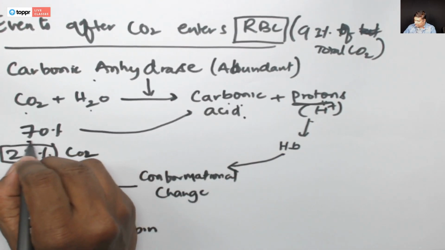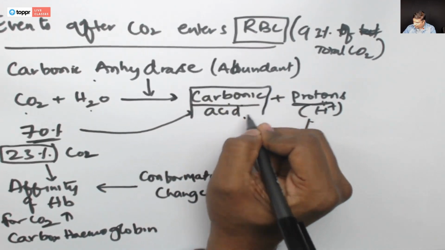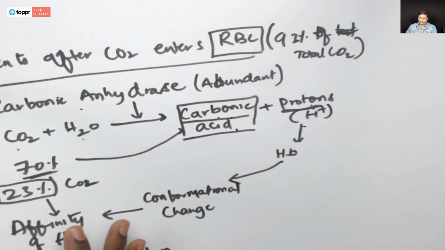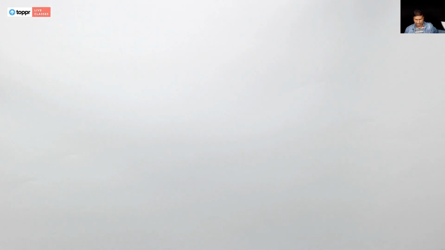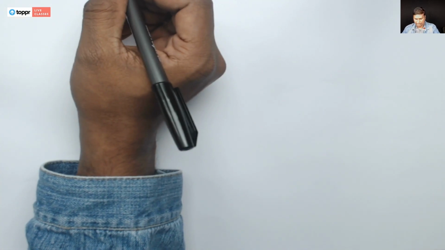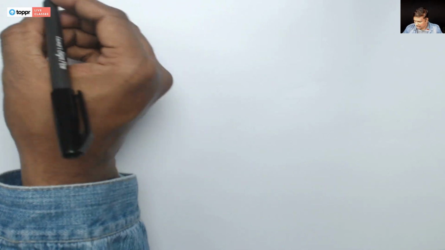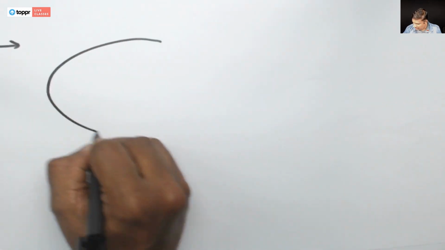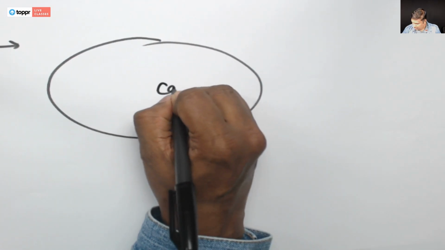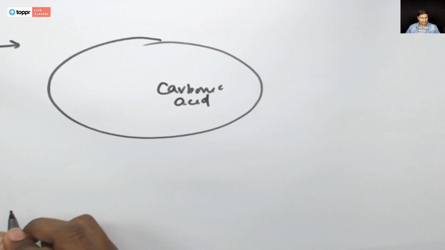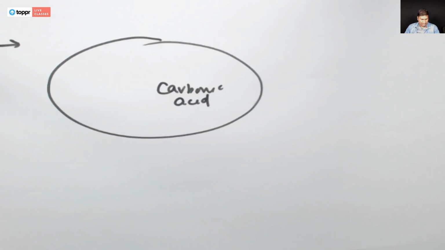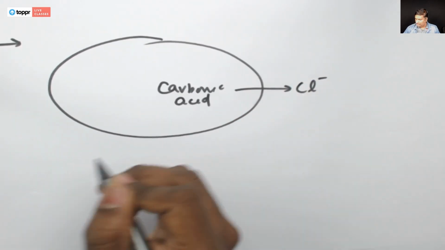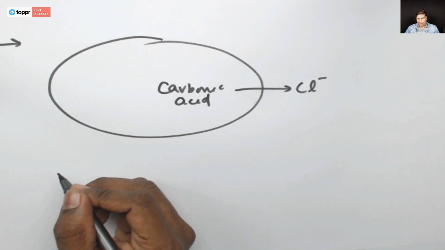Now what is happening to the 70%? This 70% carbonic acid, what happens here is that in the RBC we have the carbonic acid, and this HCO3 is exchanged with the chloride ions.